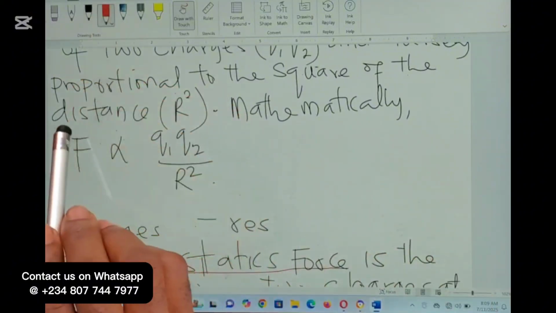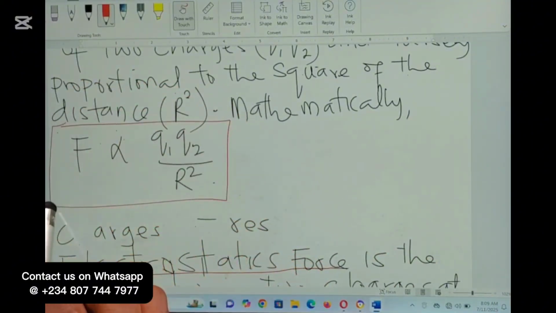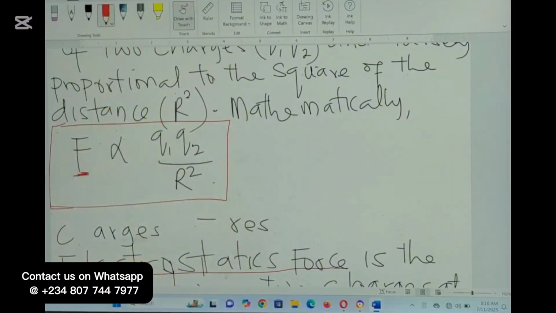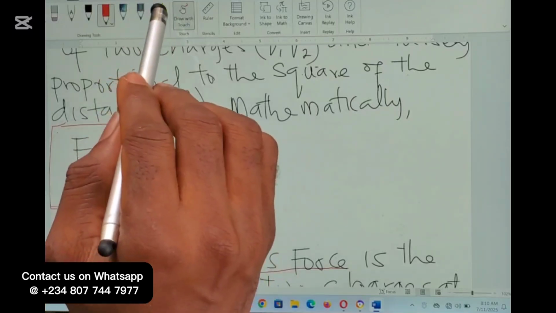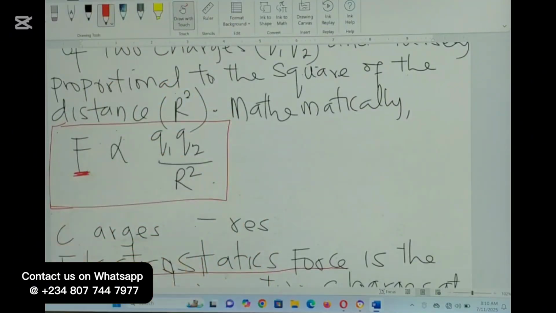This is the mathematical statement of Coulomb's law. The next thing we are going to do is to understand this particular expression here.